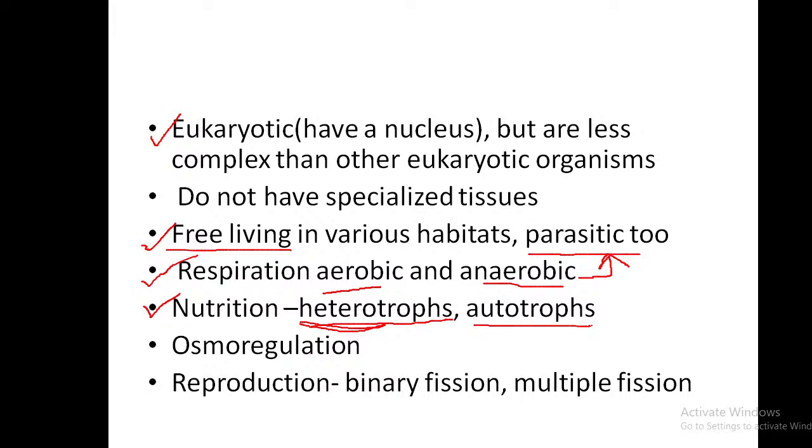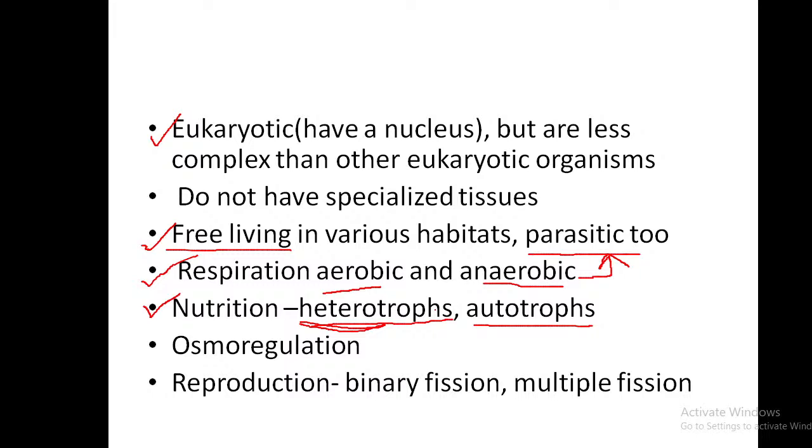What does autotrophic mean? We said there are plant like protists, right? Plant like protists are those protists which can prepare their own food. One example is Euglena. These are all general characters. So nutrition is heterotrophic, meaning they depend on other organisms for food.